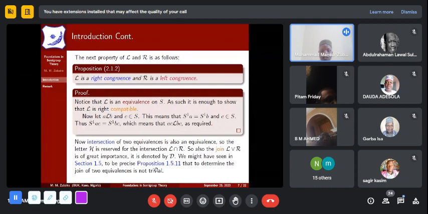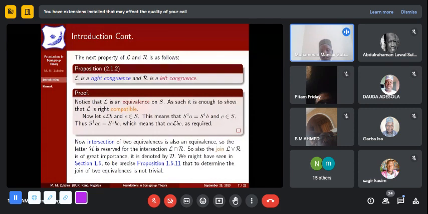So we might have seen in section 1.5, to be precise, this proposition that to determine the join of two equivalences is not trivial. You need a chain for some natural numbers before A and B are linked.